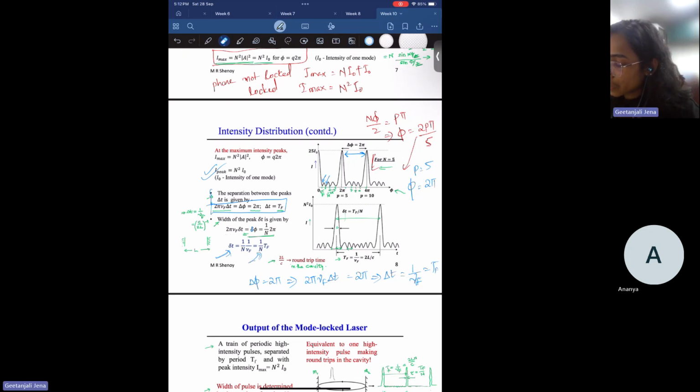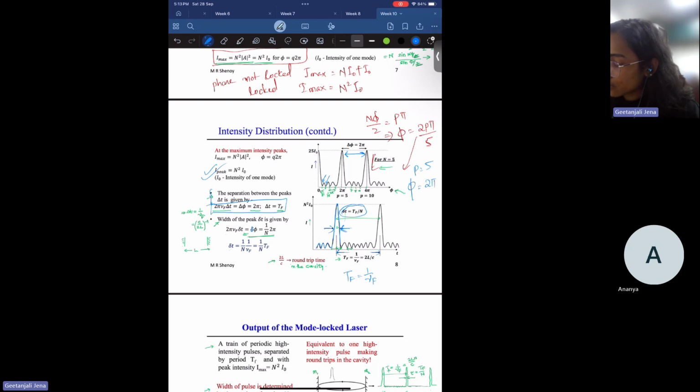To summarize, when we have a phase locked system, that is, the initial phases of these different modes are the same, then the intensity varies in this manner, and the pulse width of this intensity peak is given by Tf divided by n. n is the number of longitudinal modes in the system, and these peaks are separated by Tf, which is equal to 1 by nu f.